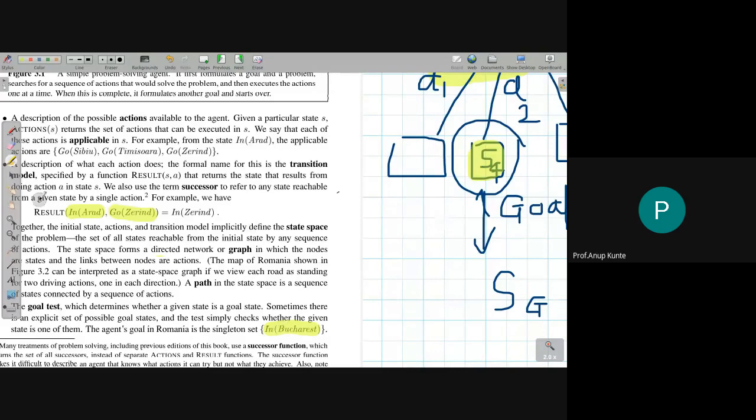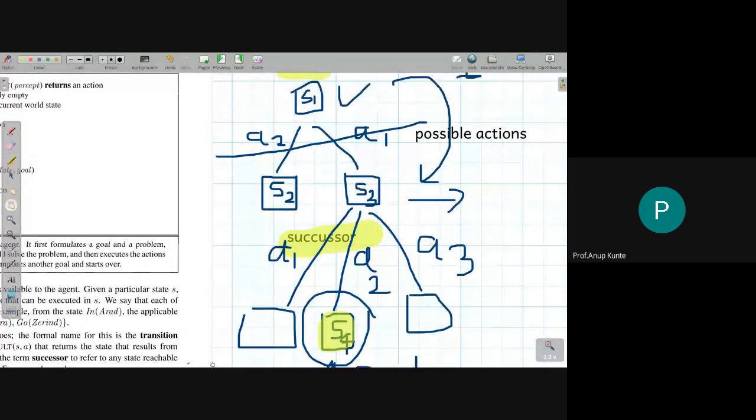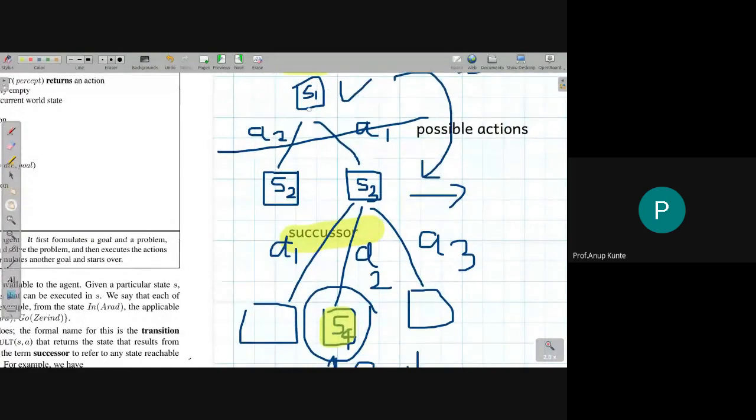Now an important consideration here is, when I was applying the transition model, I started with the S1 node initially that we saw. Then we expanded it to these two nodes, S2 and S3, and I selected S3 over S2. That means I selected performing action A1 over action A2. Now why did I choose action A1 over A2?